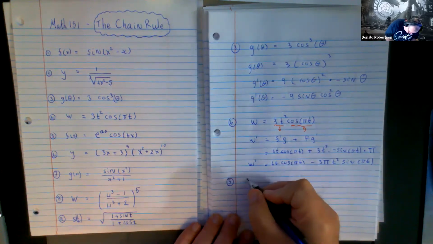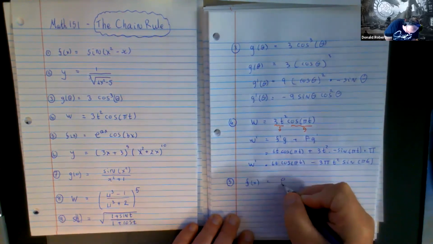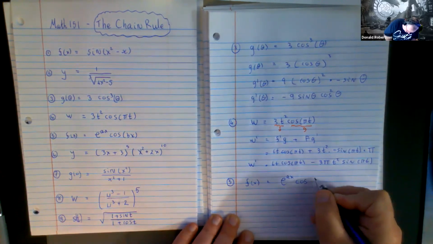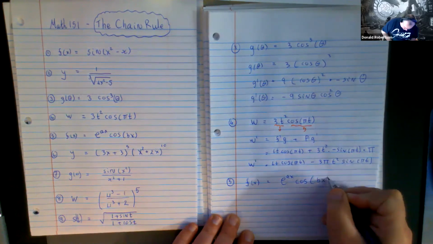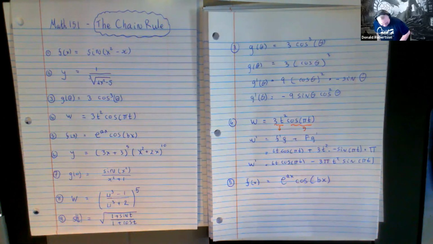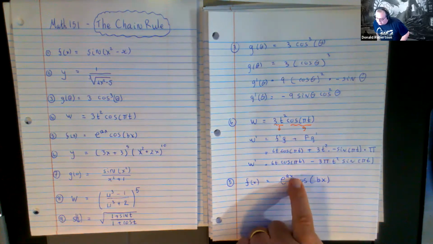Here's our next one. Right, so we're going to differentiate e to the ax cosine of bx. There's only one variable in this entire expression here, right? And that's x.